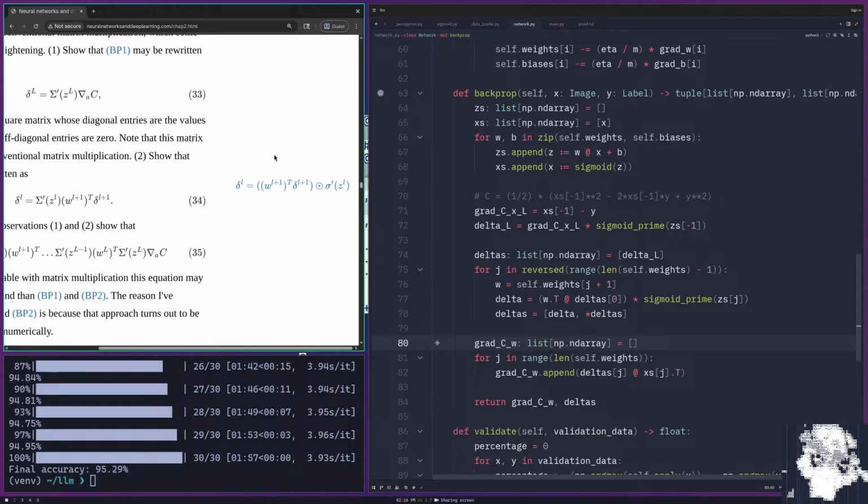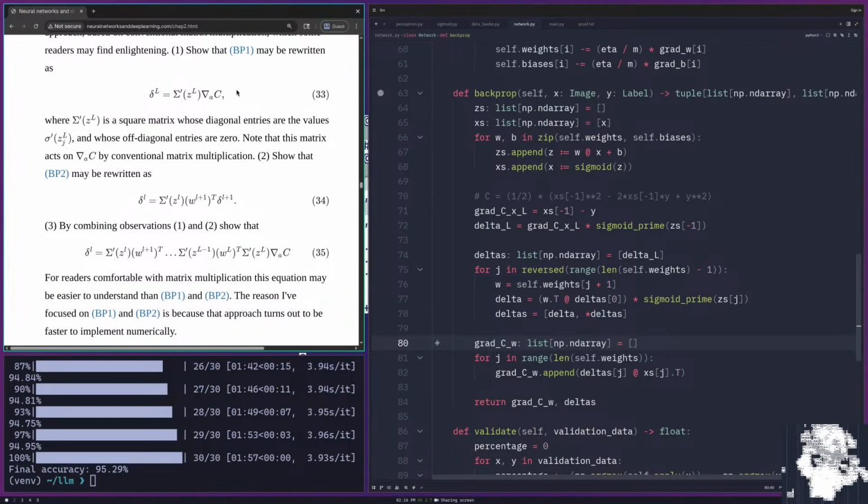So why would that be the case? I guess because you keep replacing the deltas. I guess we should look at these formulations, 33 and 34.